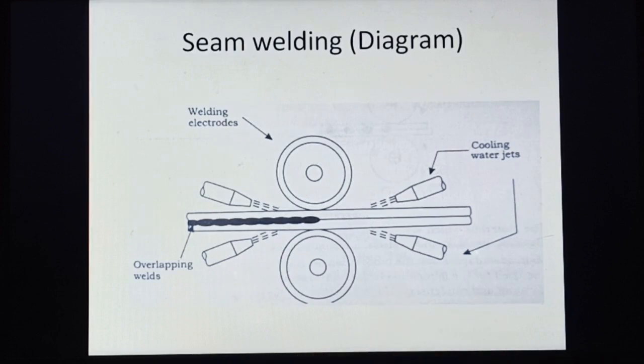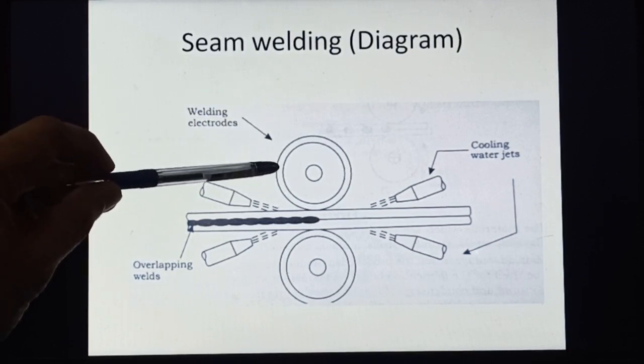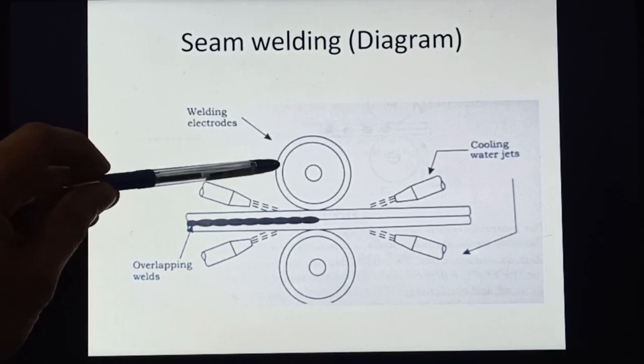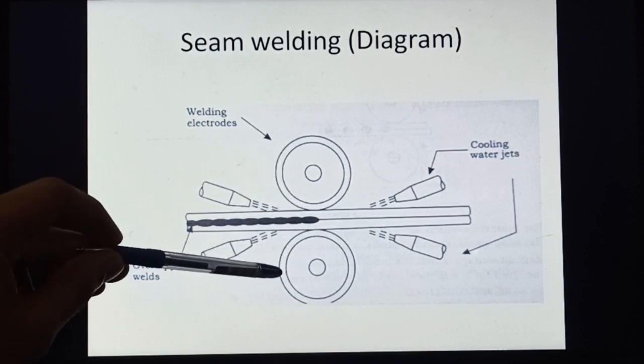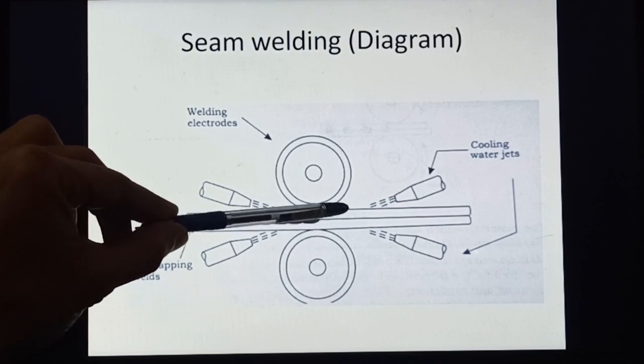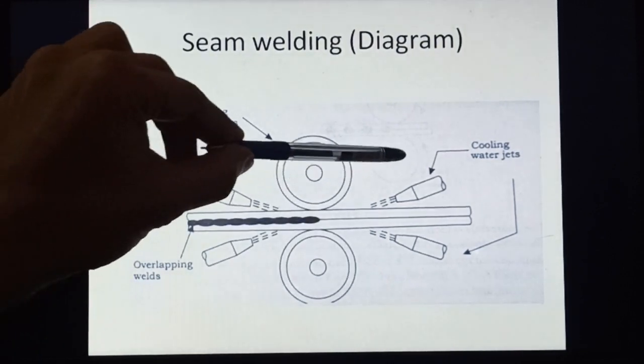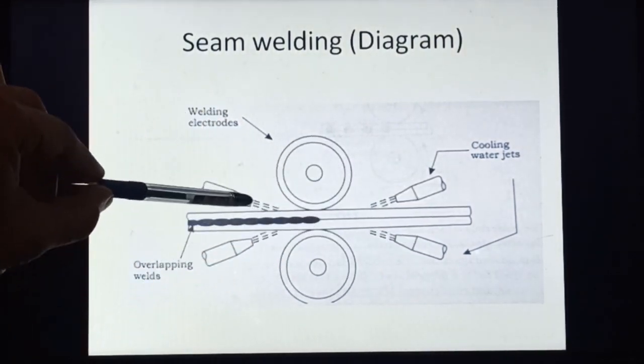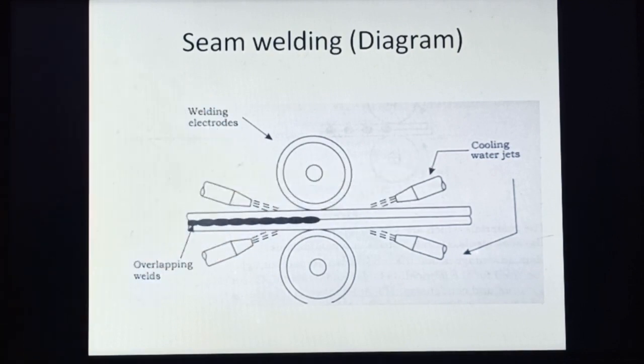This is the diagram. Here the welding electrodes are in the shape of rollers. This is roller 1, which is an electrode. This is roller 2, which is another electrode. This is one workpiece, and this is the second workpiece. And these are cooling water jets.